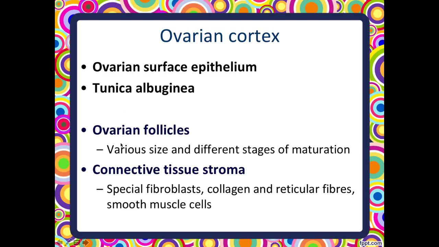We can see various sizes and different stages of maturation of these follicles, and between the follicles there is a connective tissue stroma. This stroma is made by special fibroblasts and collagen and reticular fibers, and we can also find smooth muscle cells within the stroma.